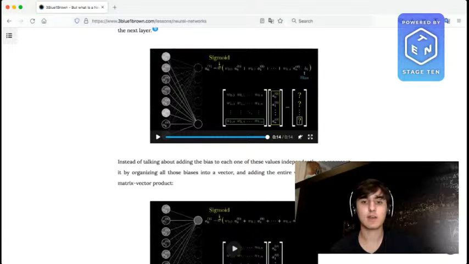If we call our first layer, the one all the way on the left, the 0th, the next layer is going to be the first. So the activation of the neuron in the first layer is equal to the sigmoid function of the weight times the activation of the neuron in the 0th layer plus the bias. This makes the relevant code much cleaner and faster, since many libraries optimize the heck out of matrix multiplication.